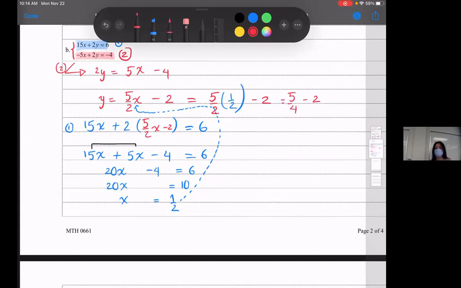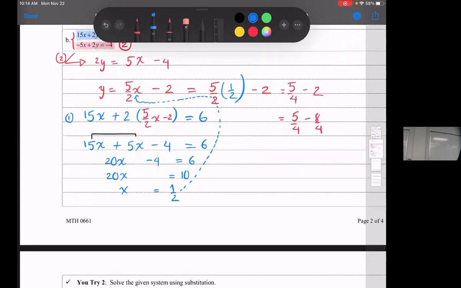So what should I do? Instead of 2, how should I write it so that it has a denominator of 4? Yeah, 8 over 4. So instead of 2, I'm going to write it as 8 over 4. I'm going to go to a second step: 5 over 4 minus 8 over 4.